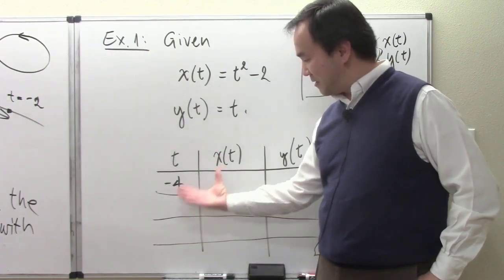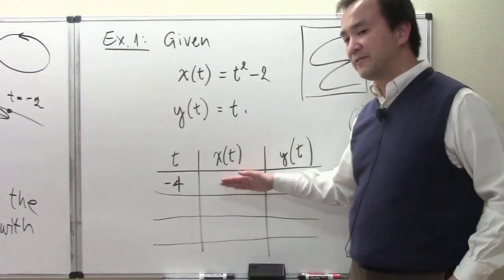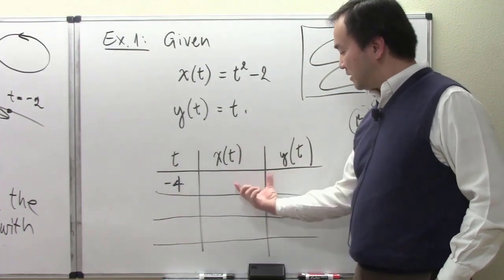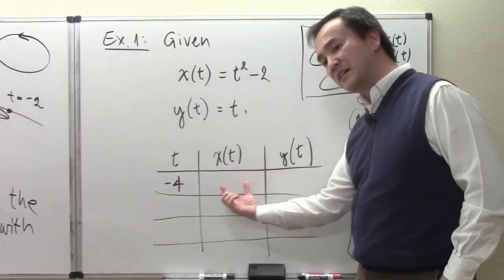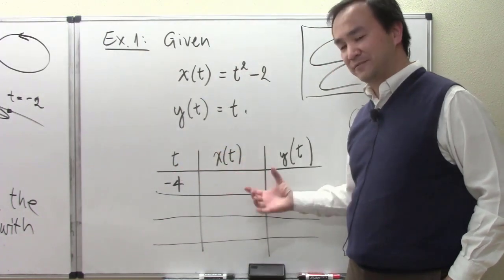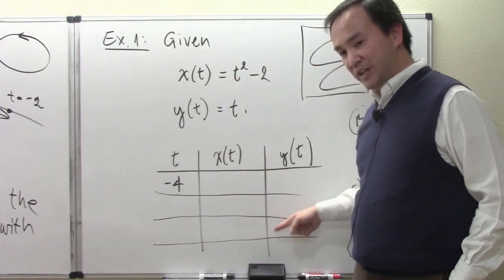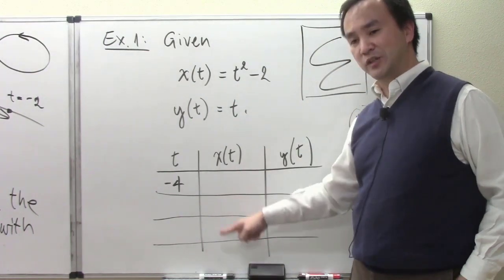Okay, we build a table of values, and then we want to observe. We're going to plot these points, these pairs of values, on the graphing plane, so that we can observe the trace, the path that was created by all these points together.